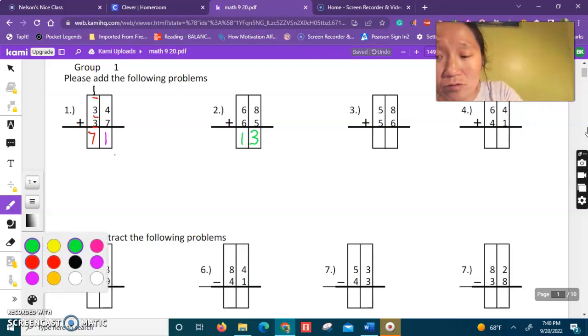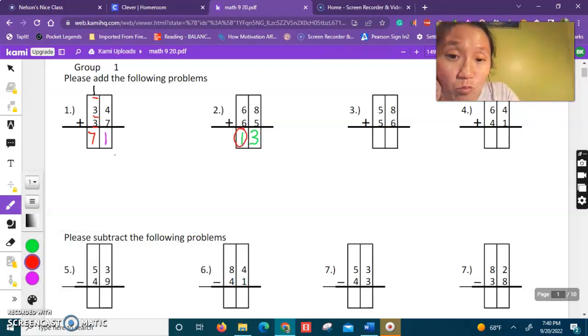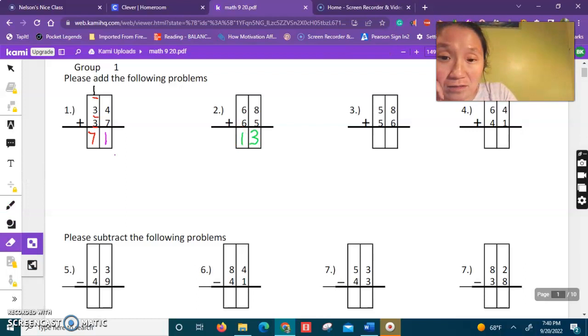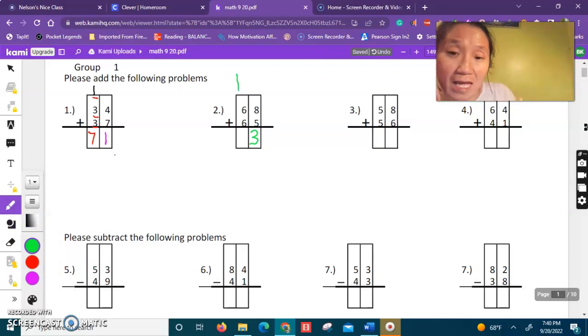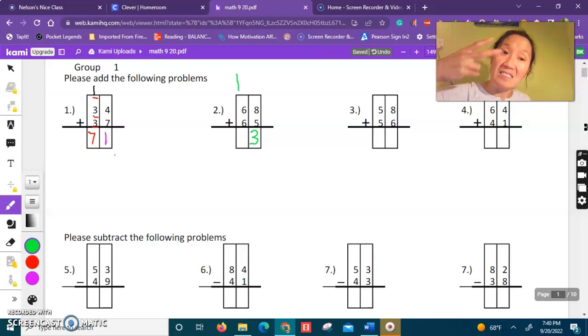But that 1 right here next to the 3, that is not the answer to 6 plus 6. So I have to move it, and put it back, and carry the 1 group of 10 above the 6 and the 6, because it's a 60 and a 60. So 6 plus 6 is 12, plus 1 more is 13, or 130.